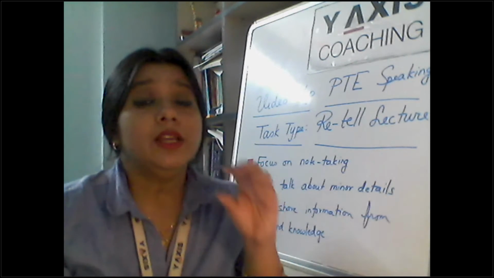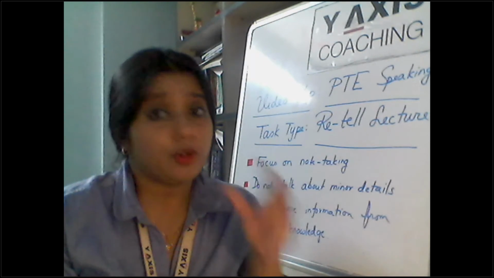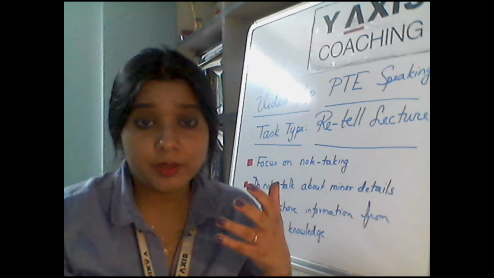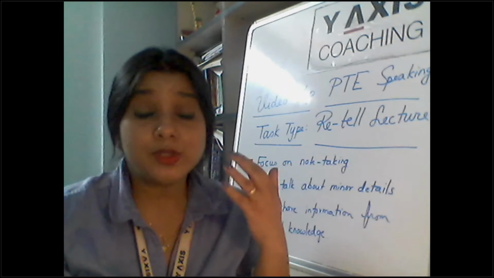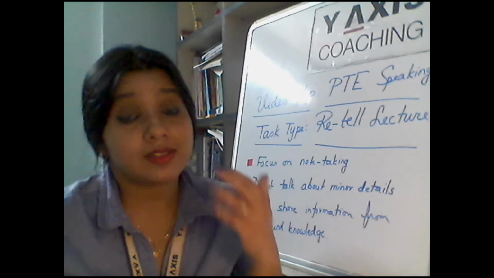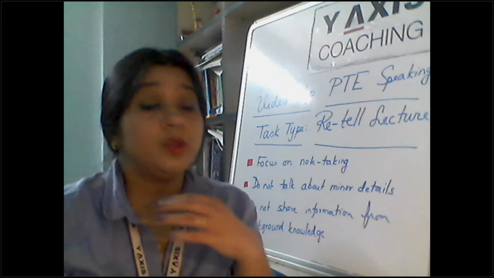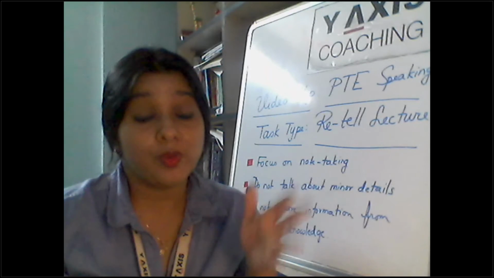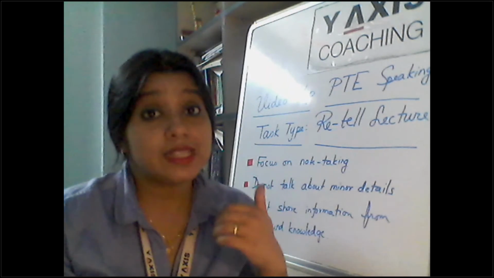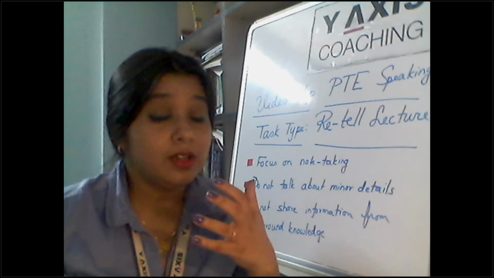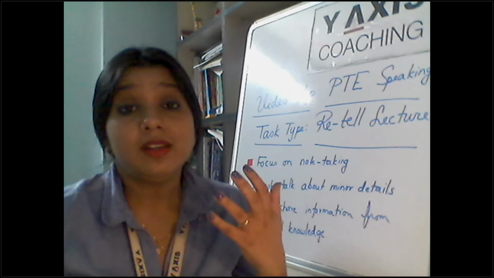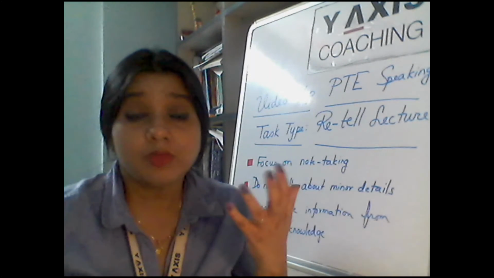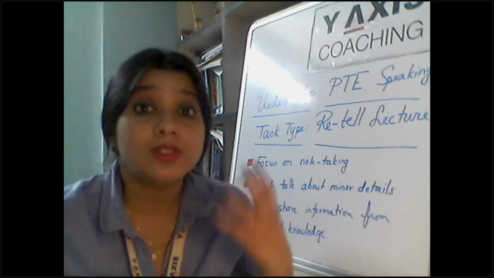Clear? So you have a total of 40 seconds to retell the lecture. Now try to speak for at least 37 seconds. Make sure that you're not done in less than 30 seconds, because that will affect the score. When the test taker speaks for less than 30 seconds, the computer grader understands that the test taker has not done justice to the content of the lecture.